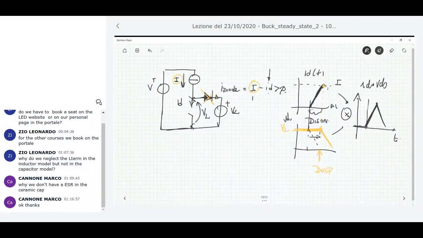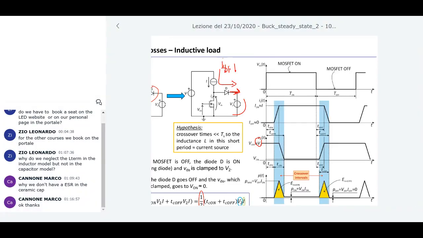So we have no more the parabola waveform that we got in the previous situation. We have a triangle. We have this triangle here. The same happens, of course, for the turn off.